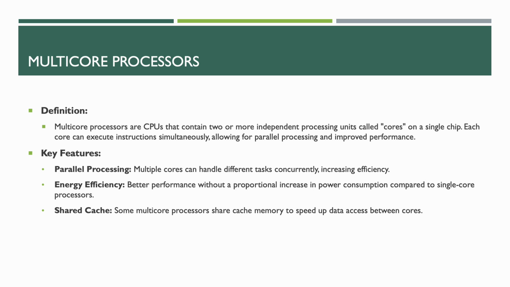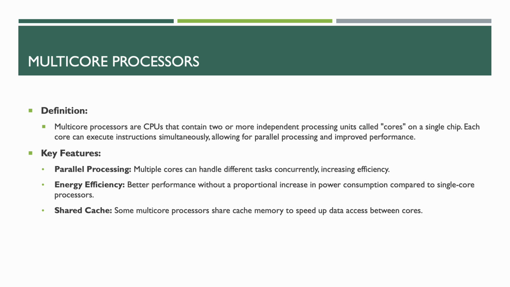Second is energy efficiency. Multi-core processors deliver better performance without a proportional increase in power consumption. So instead of increasing clock speed, which generates excess heat and consumes more power, multiple cores share the workload efficiently.